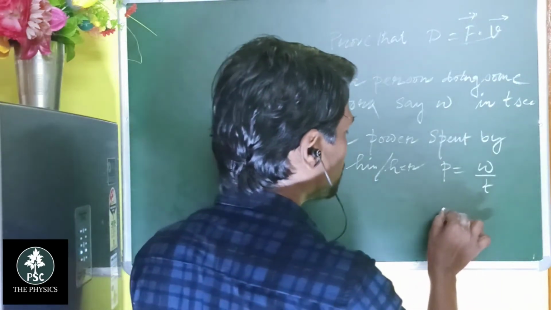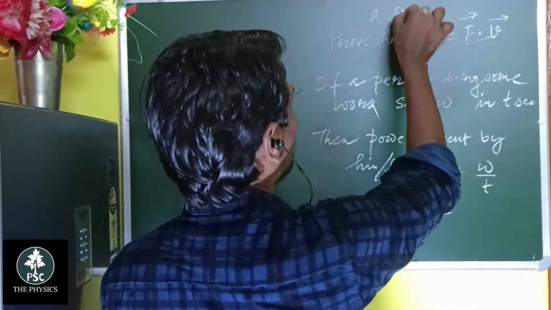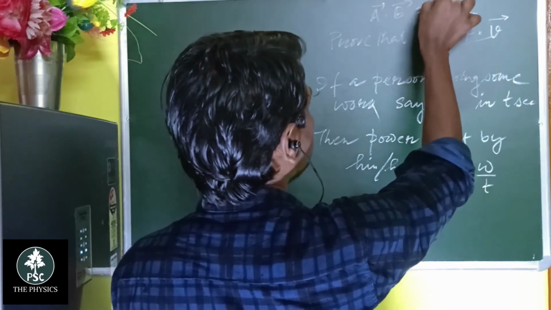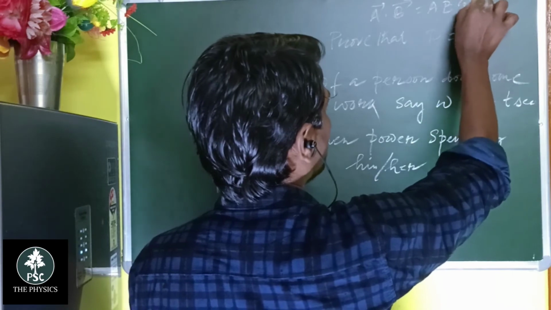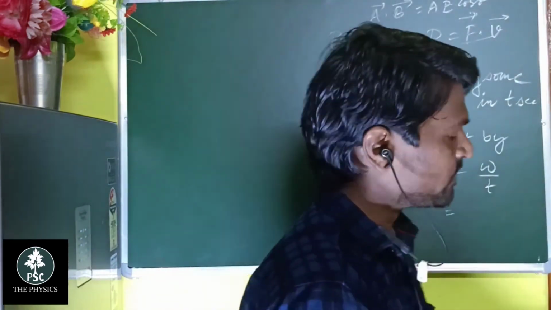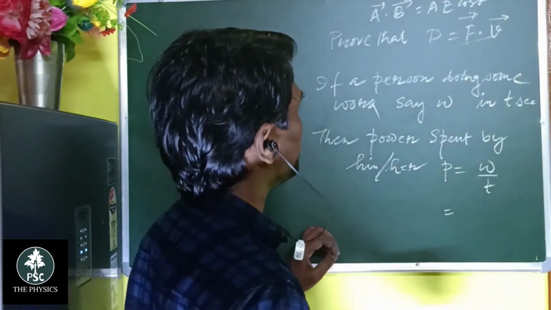But students, you have to memorize this one also: a dot b vector is equal to ab cos theta. Is it a clear view or not? Okay, this is fine. Power is equal to work done by time.